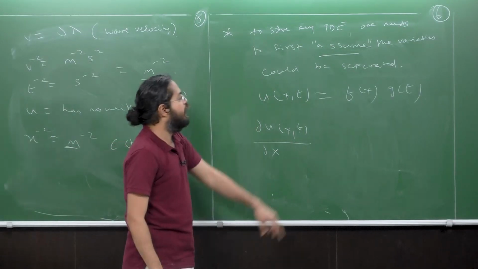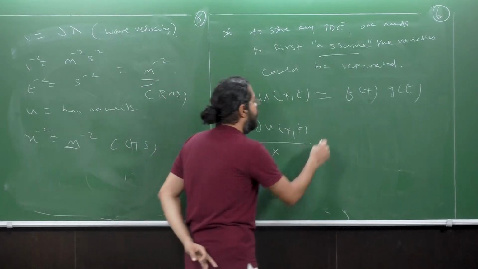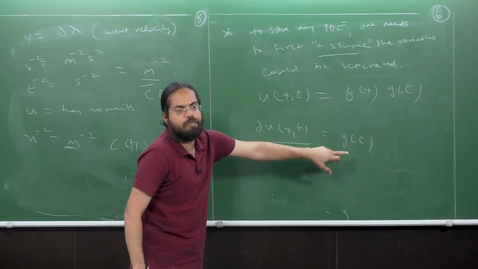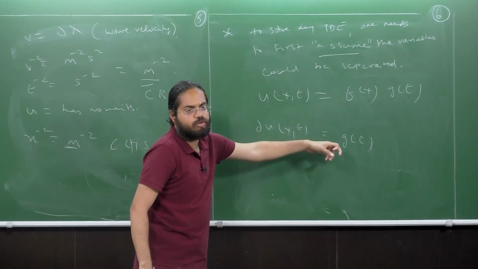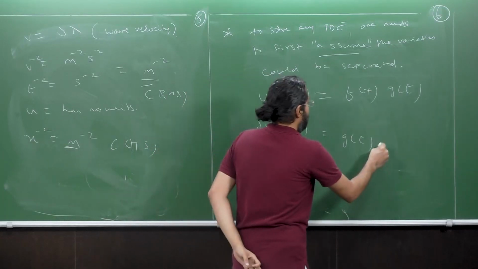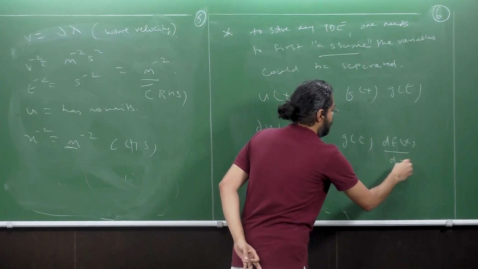I differentiate this with respect to x, keeping t a constant. If I keep t a constant, my g of t is going to be coming out. My g of t is a constant, so it is just some constant outside, and this is going to be some df of x by dx.